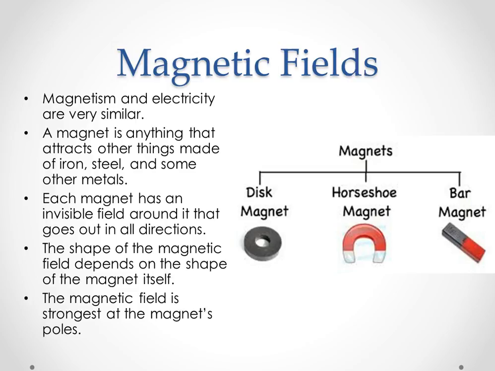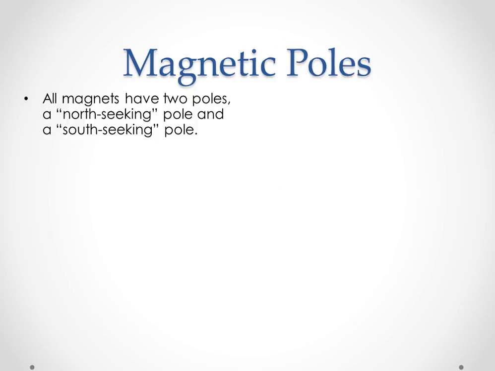What are magnetic poles? All magnets have two poles, what scientists call a north-seeking pole and a south-seeking pole. Opposite poles have opposite charges. Think back to our level on electricity.